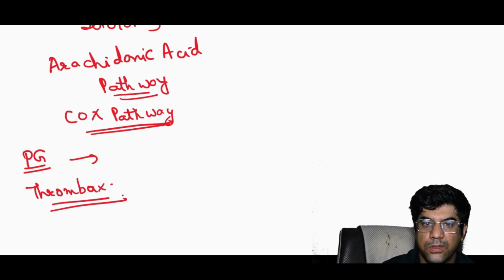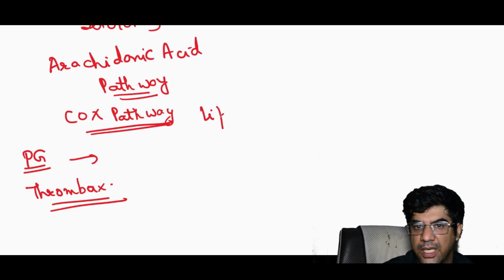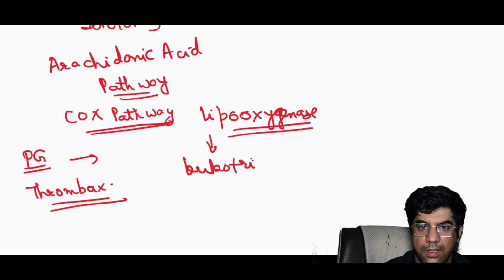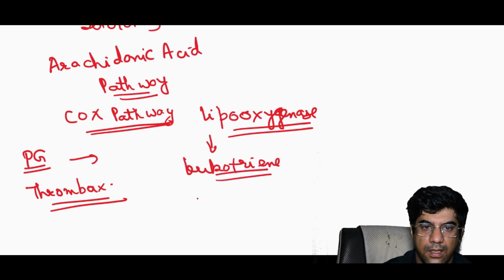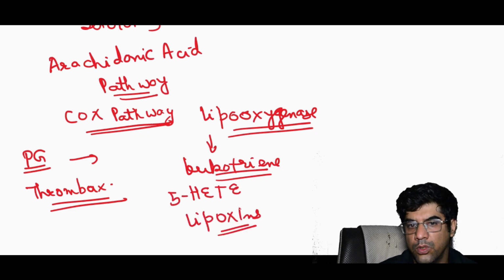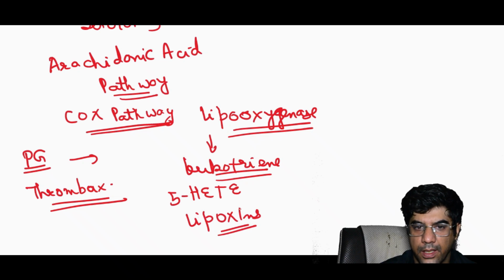Other is the lipoxygenase pathway that involves the leukotrienes. So these are. What role do the prostaglandins play in the body?